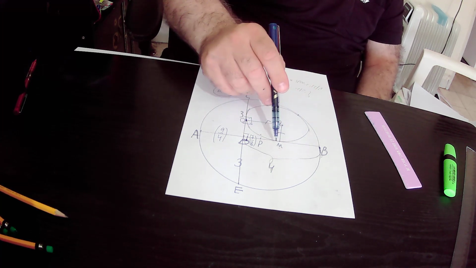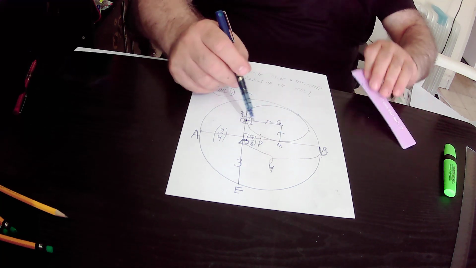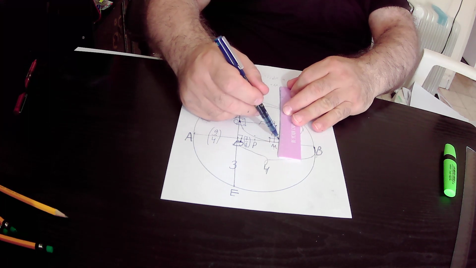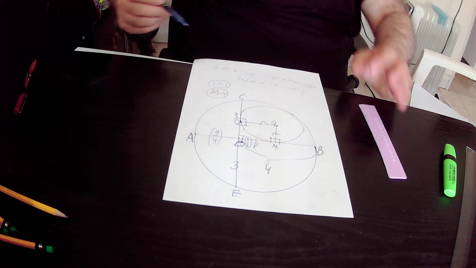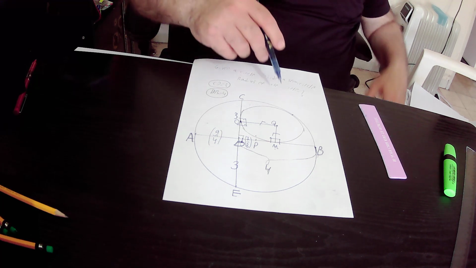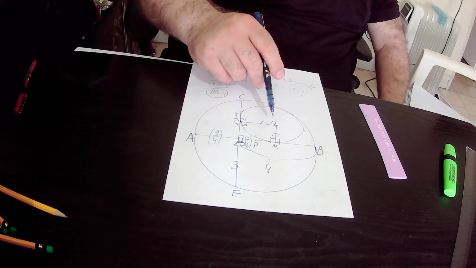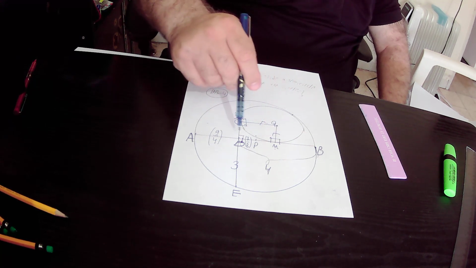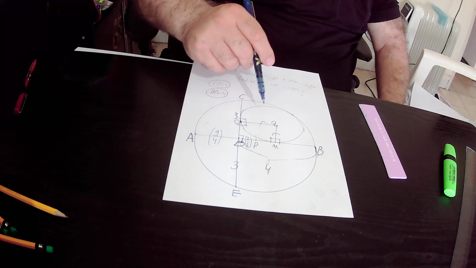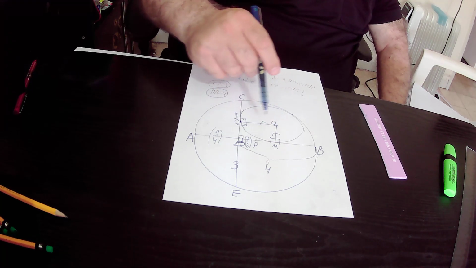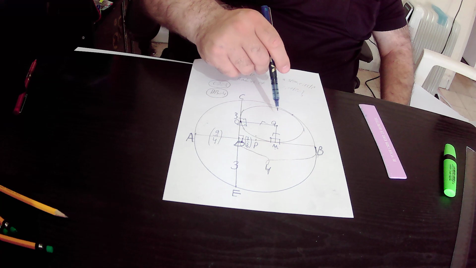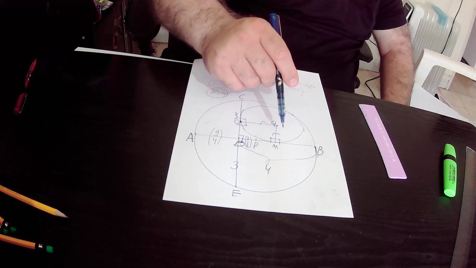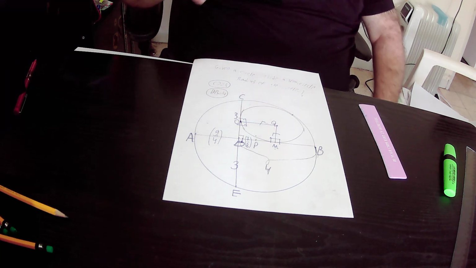So DB is perpendicular to MQ, that is to say this angle equals 90 degrees, and this angle must also be equal to 90 degrees.